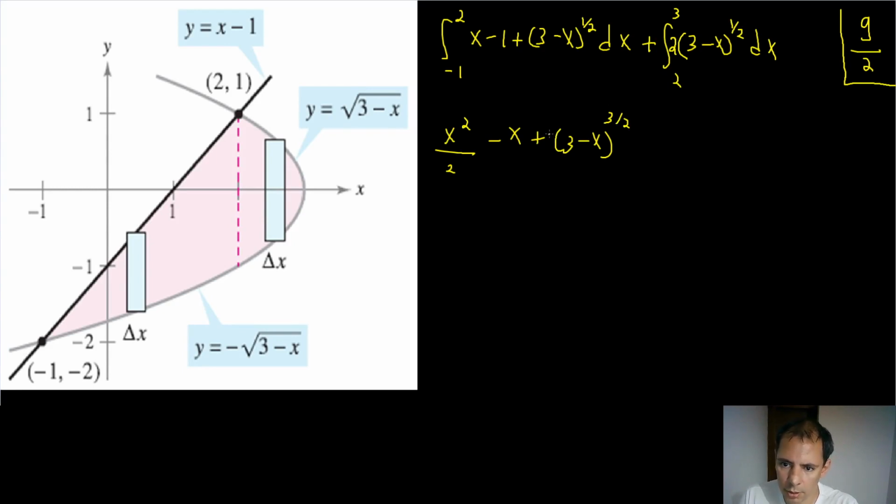So you're going to put a 2/3 in here, and divided by the derivative of the inner function, which is 3 minus x, it'll be -1. So I'm going to bring it over, erase this thing, put a minus in its place. Okay, so that is the integral, okay?